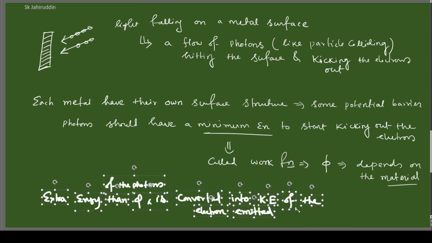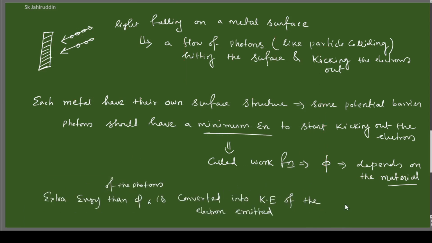So finally all these things resulted in the equation: half m v max squared, with v max the maximum velocity of an electron, is h nu minus phi. Of course, phi is the work function, h nu is the energy of a photon, and the left side is the maximum energy of an electron. So we are dealing 1 to 1: one electron, one photon.